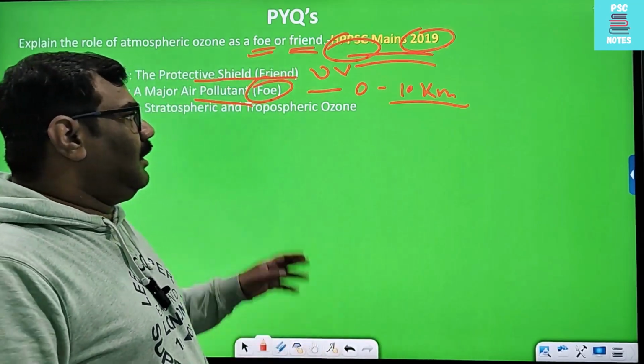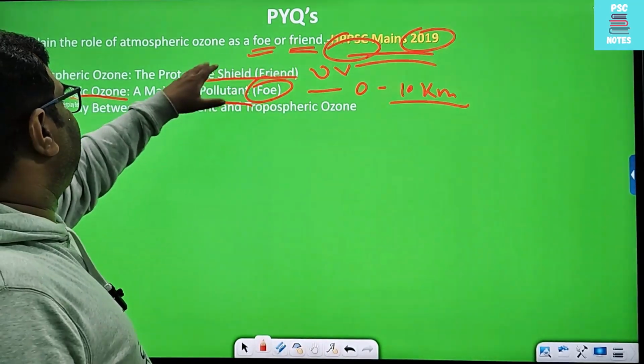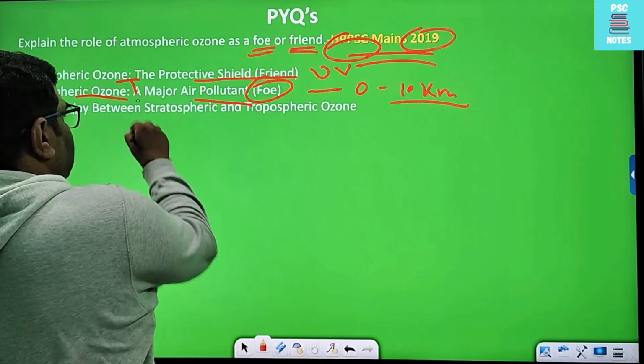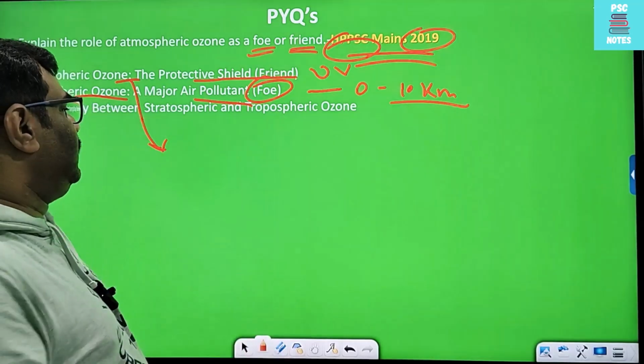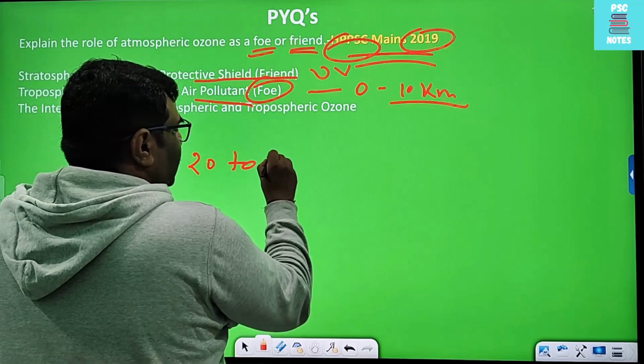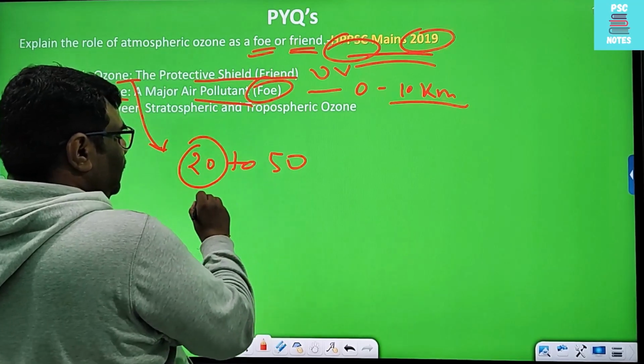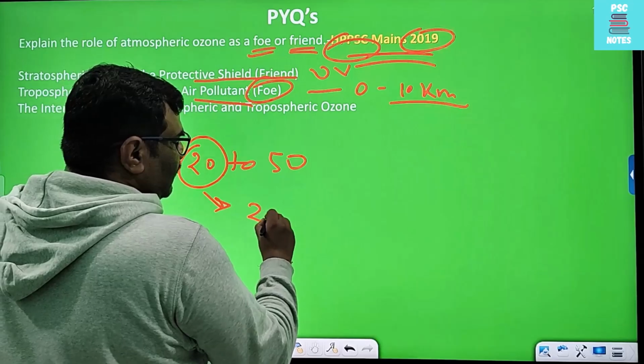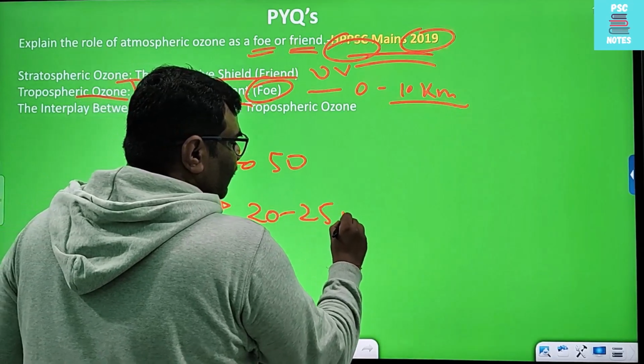We can also define that stratospheric ozone is present at a location between 20 to 50 kilometers, and the highest concentration is in the range of 20 to 25 kilometers.